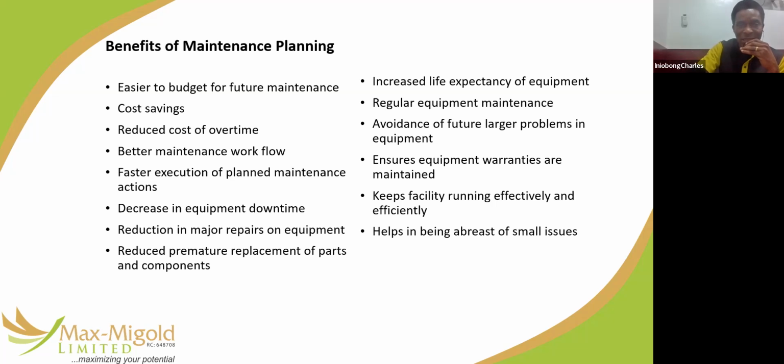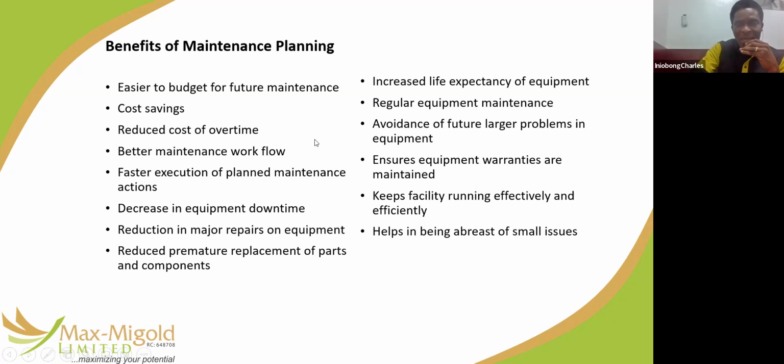So you were padding the cost. So as a good facilities manager, during your planning stage, all the cost-saving measures must be put in place, because you want to present an effective budget to management. Don't come and tell management that, oh, you wanted to spend 20 million on this maintenance, we are spending 15 million. Then you have not done your work very well, and you find it very hard to get funds.